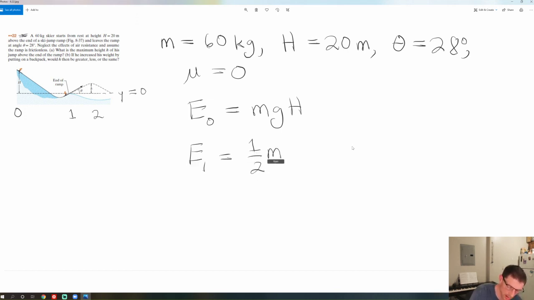We'll call this 1/2 m v1 squared. Then at 2, he's going to have some kinetic energy plus some gravitational potential energy, right? Like that.